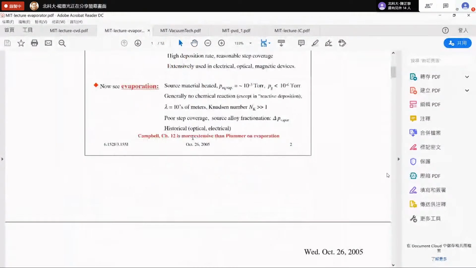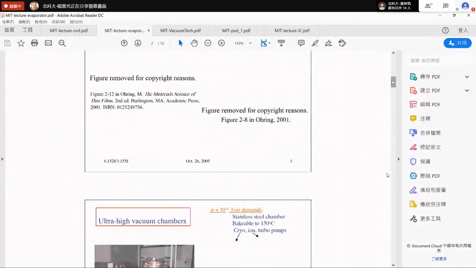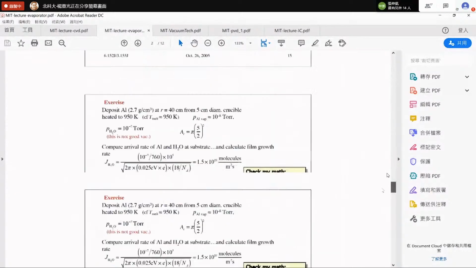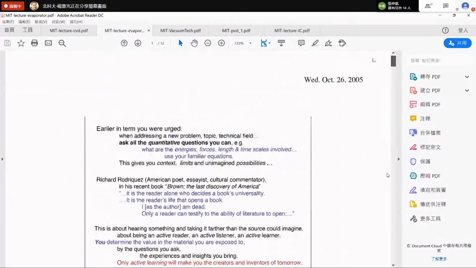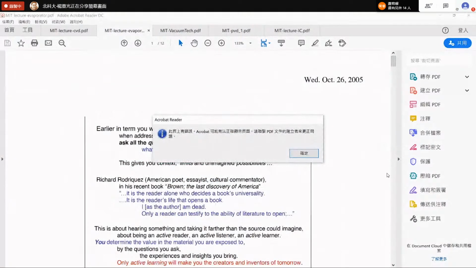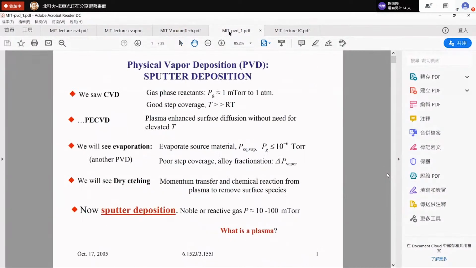Okay, I will give a talk on the evaporator. But before I go to the evaporator, any question in the sputter?